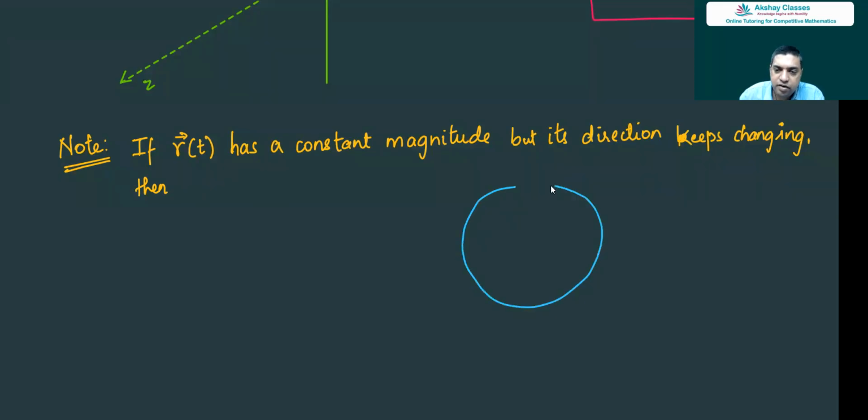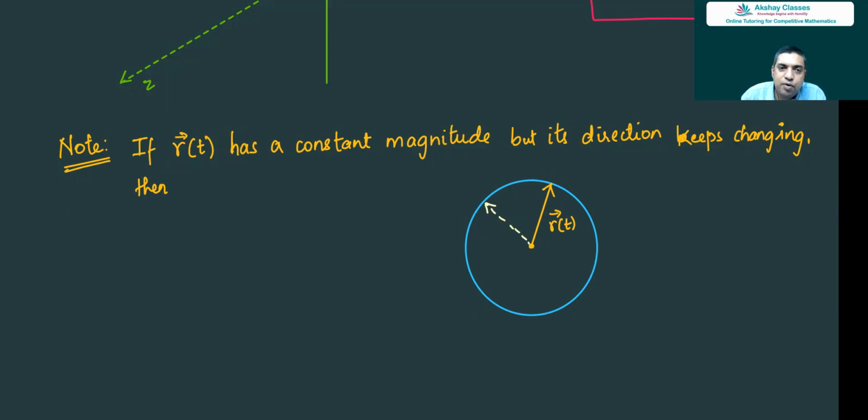It can be the radius vector of a circle. Constantly it is changing. The radius vector r bar of t, the magnitude remains the same, but the direction keeps on changing. So from one point to another point, the direction of the vector changes.